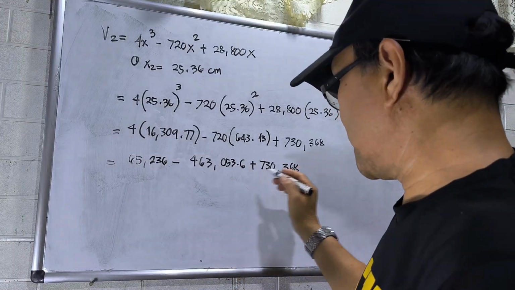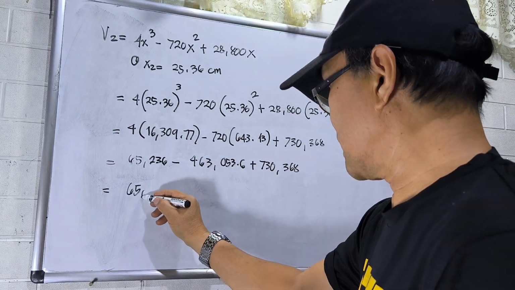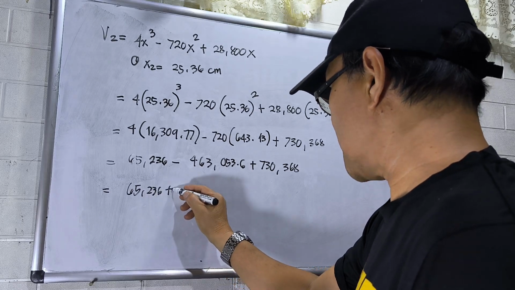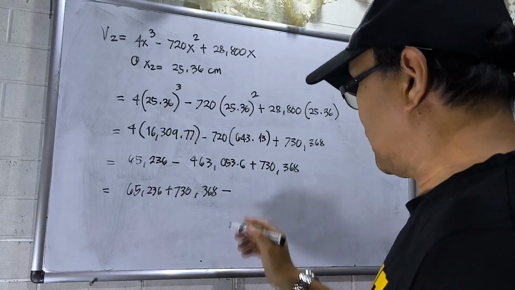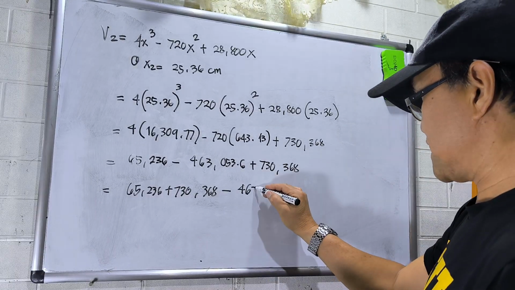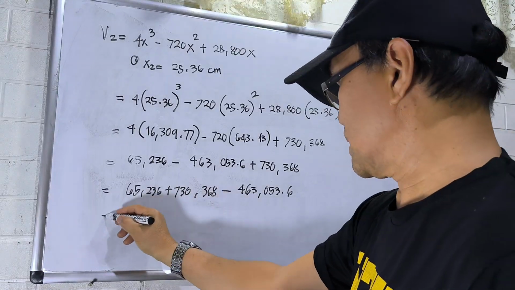So combine this one first. So this will be 65,236 plus 730,368 minus 463,053.6.